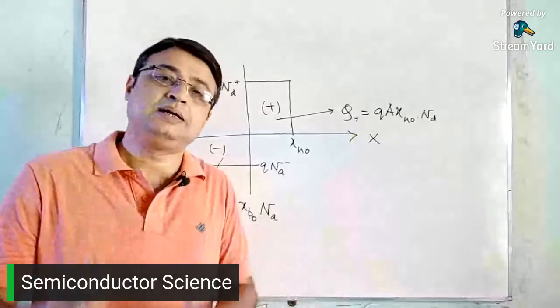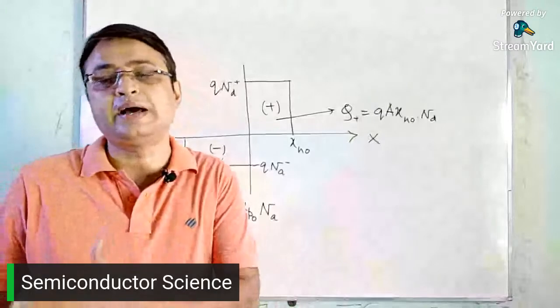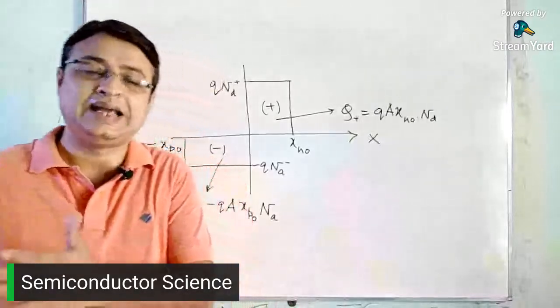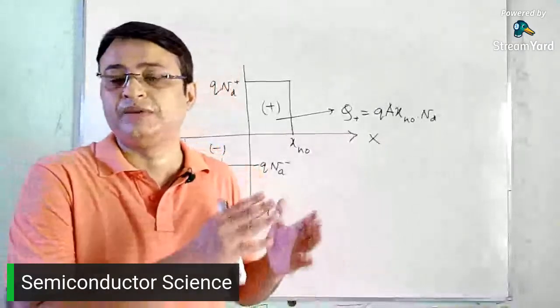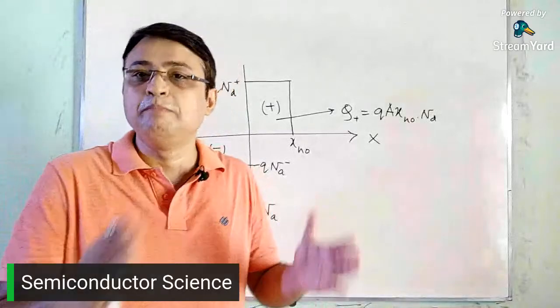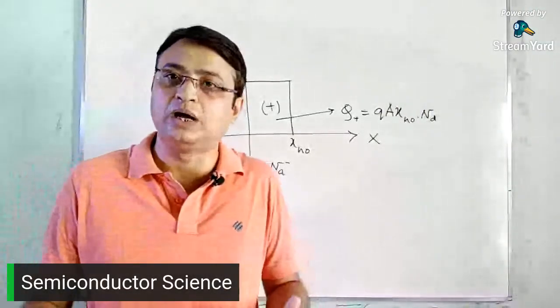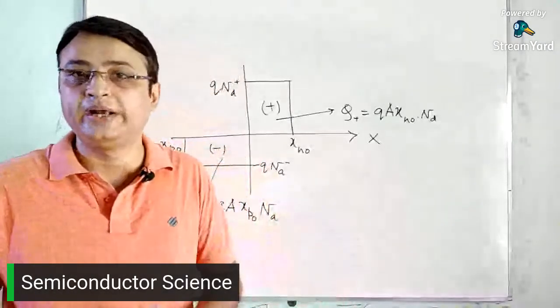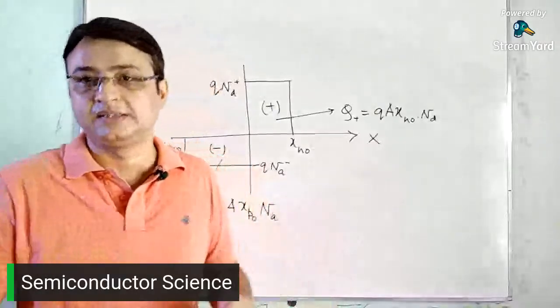Whenever the depletion region forms, it means that the total number of positive charges in the n-type side must be equal to the total number of negative charges in the p-type side. To make the total number of charges equal, the depletion region width may vary, or rather it varies for this reason.